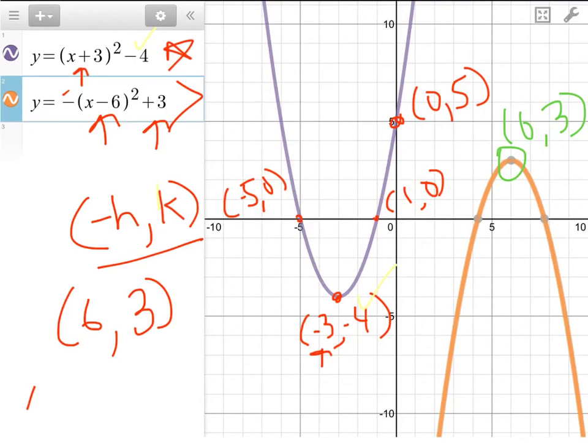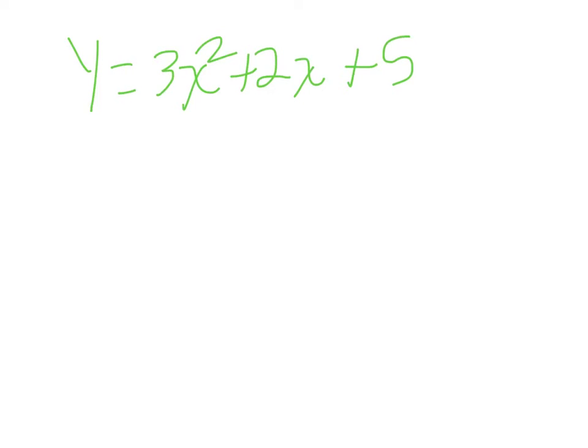All right. So a quick review. If we have y equals 3x squared plus 2x plus 5, what information does this tell you? Y-intercept. Okay. Quick review.